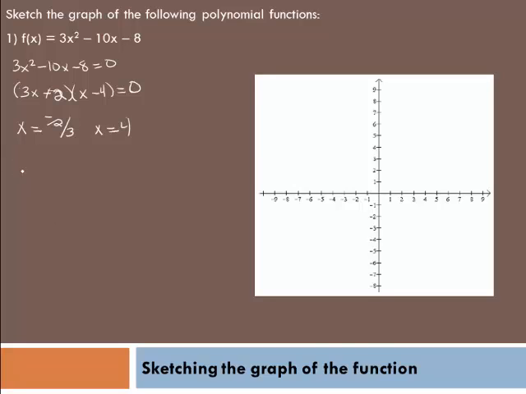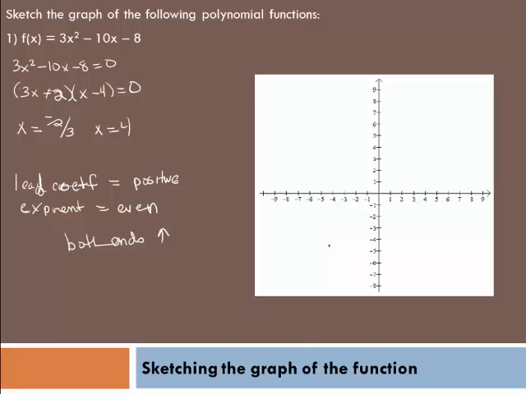Next, we want to look at the leading coefficient. It is positive, and the exponent is even. This means that both ends go up.